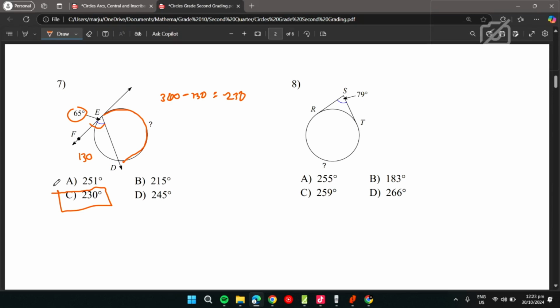Sige daw. Number 8. How do we do that? Letter C.